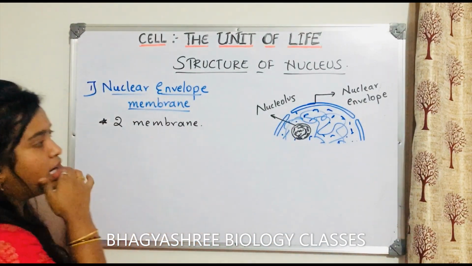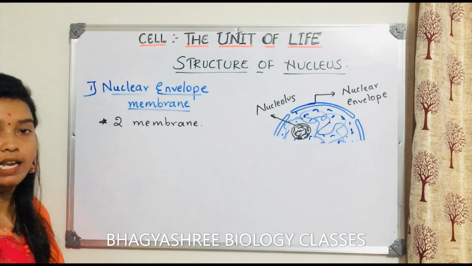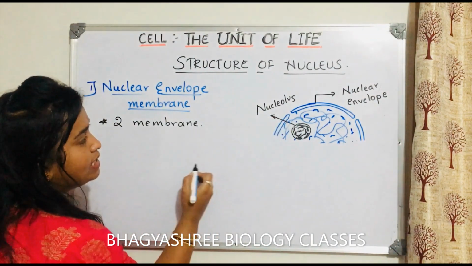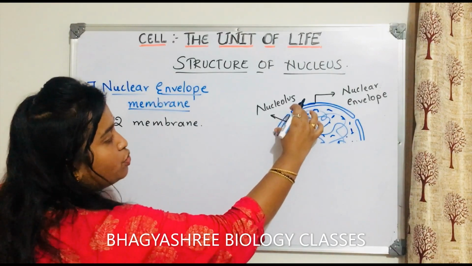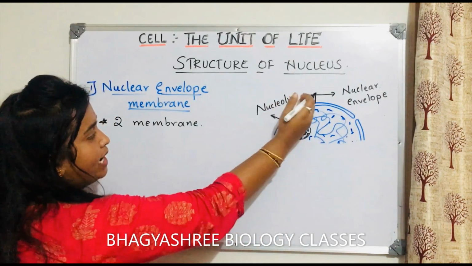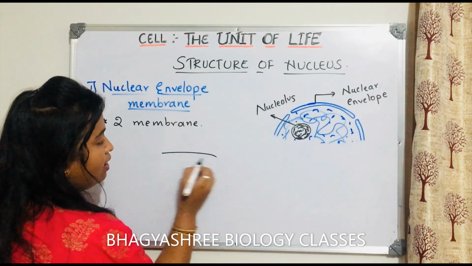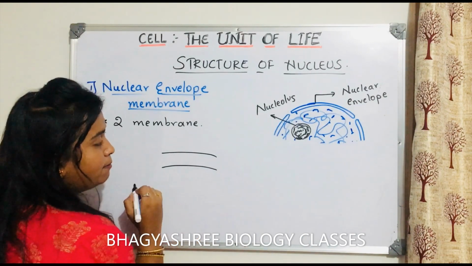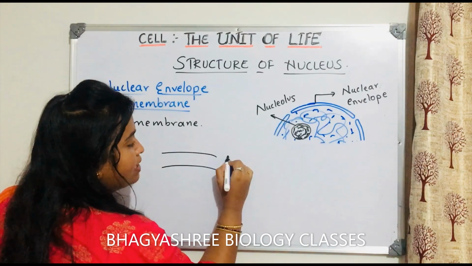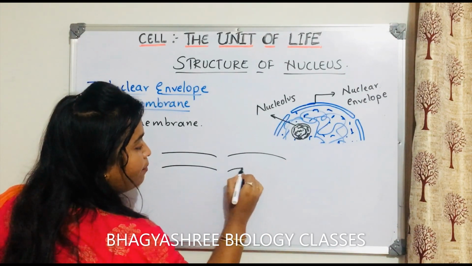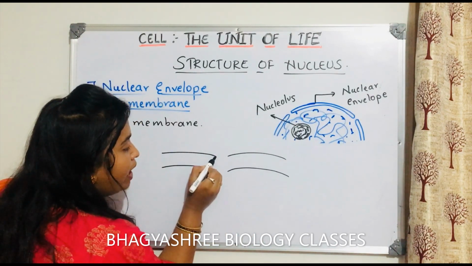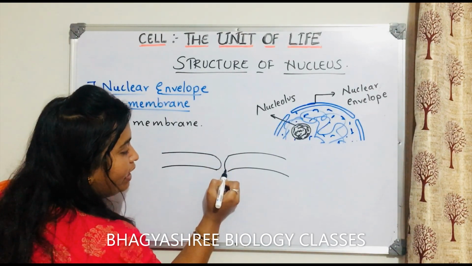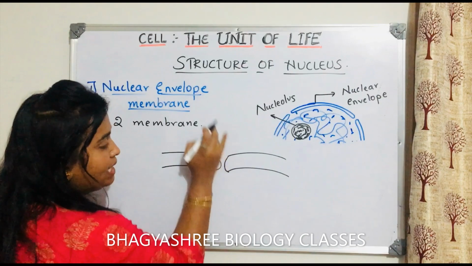So see here, what you can see is the nuclear envelope. If I draw it here and show these two sides, this is the outer membrane and it has an inner membrane. The other side also has an outer membrane and an inner membrane. Wherever the outer membrane and inner membrane have joined, there you will find this space here.